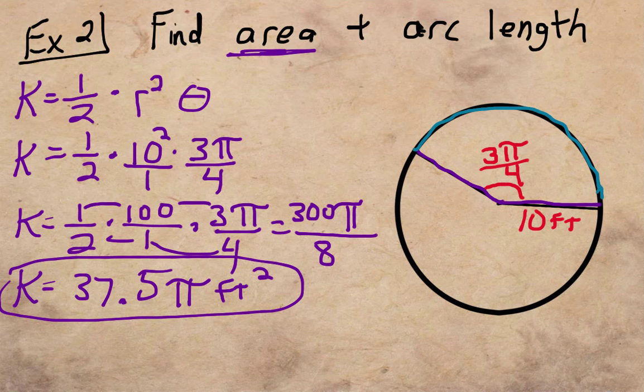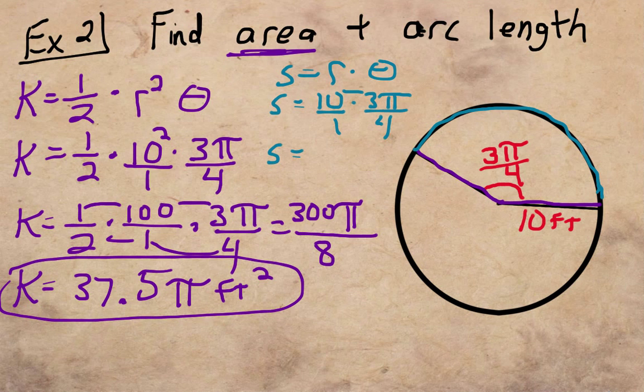And this formula is nice. This is probably the easiest formula to remember. S equals radius times theta. So I could just plug in 10 times 3 pi over 4. And guys, again, I wouldn't worry about multiplying pi.